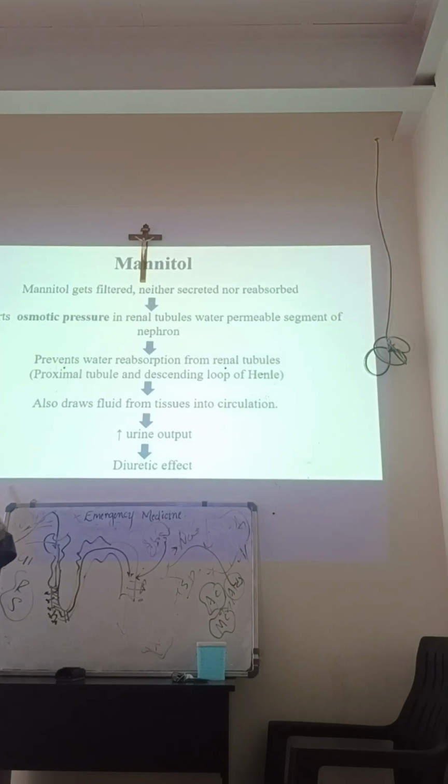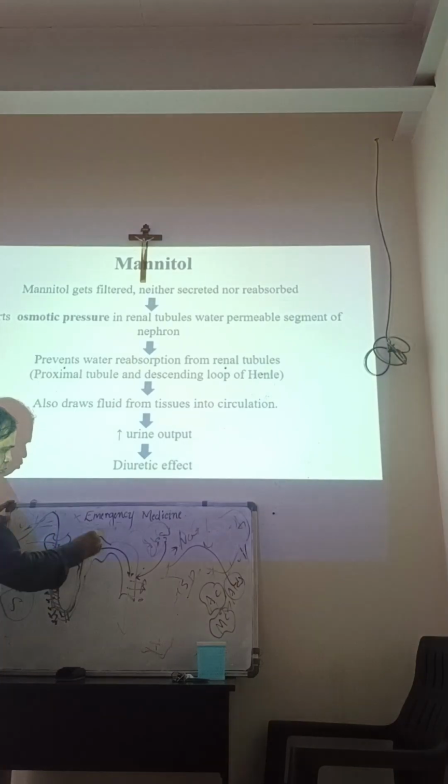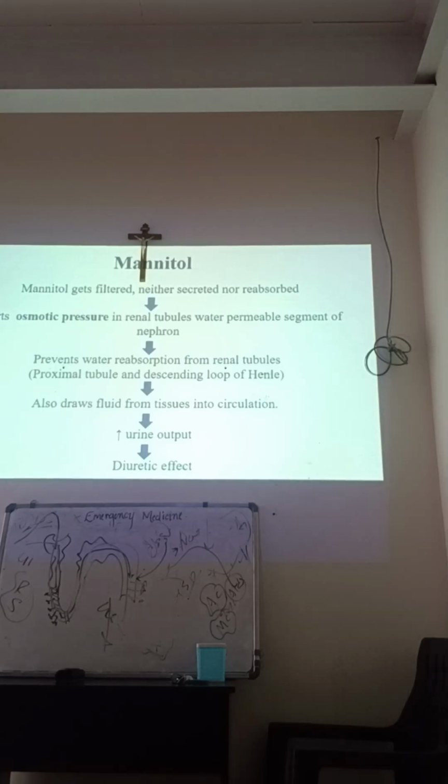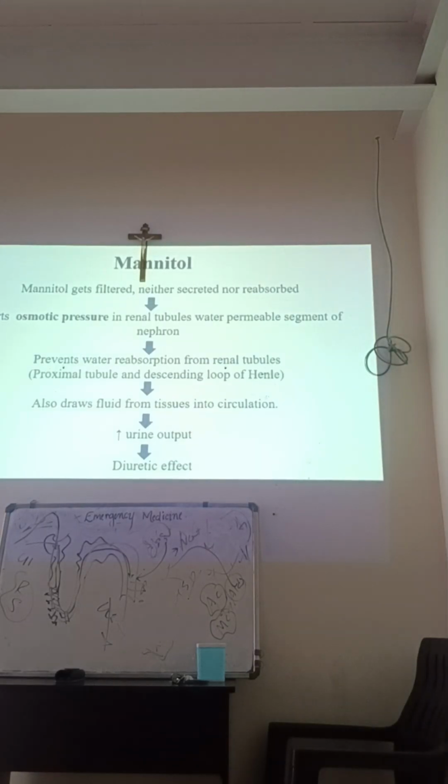I am talking always about water. I didn't use any word like sodium or potassium. So whenever there is mannitol, more water goes out of the body. It is not touching the sodium. So we can also call this water diuresis.